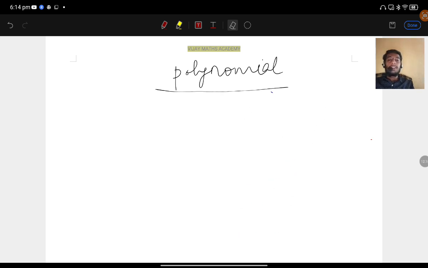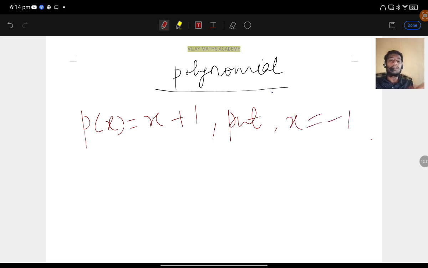So one more time I will explain with another example. Let me take x plus 1. So p of x is equal to x plus 1. Put any value so that you should get p of x as 0. So now I will put x equals minus 1. P of minus 1 is equal to minus 1 plus 1.